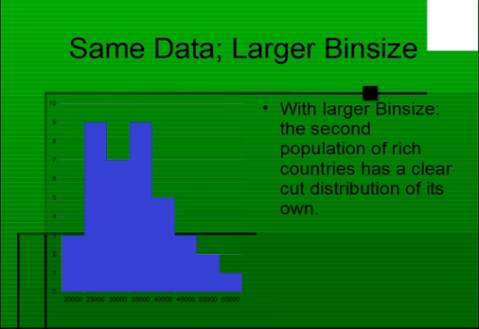By doing this, we see that there is a pattern. This pattern was not visible when the bin size was too small, but now when we have made the bin size large, then we see that there is a clear distribution around 30,000. Actually this looks a little bit bimodal, but it's not necessarily true.